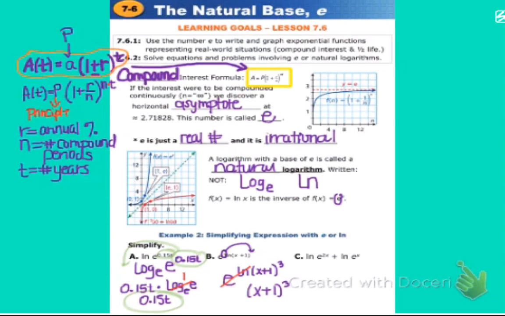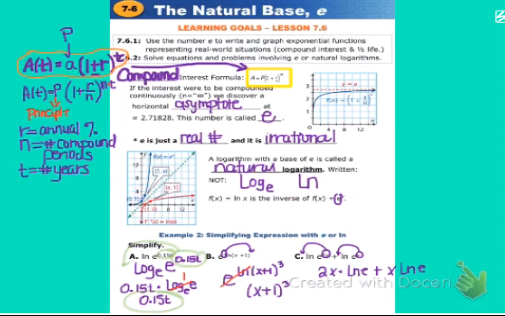Well, how about C? This time, if I looked at these two expressions separately and then just added what I got, I think again right away of this power rule. So if I take this exponent and bring it down in front for both of these, then this one says 2x times the ln of e, and then plus x times the ln of e.